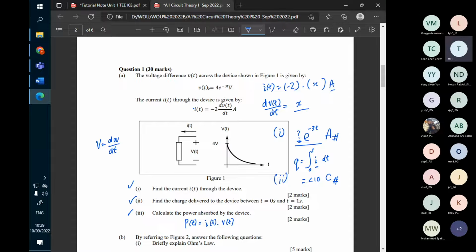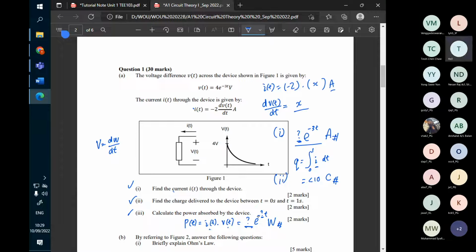You don't need to do anything. You just need to take the I(t) from part 1, and then you take the V(t) from here, and if you multiply these two, your answer will be something, some unknown E to the power of something t, and the unit is watt. So I leave you to find out what is the number here and what is the number here.